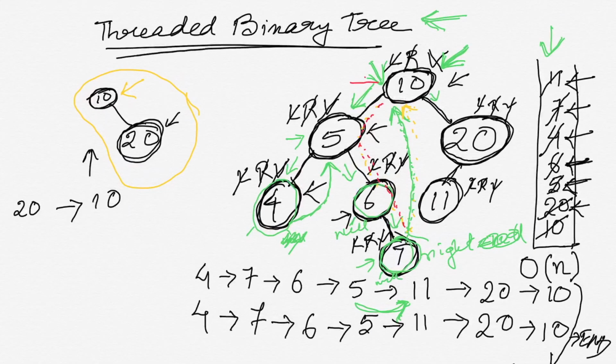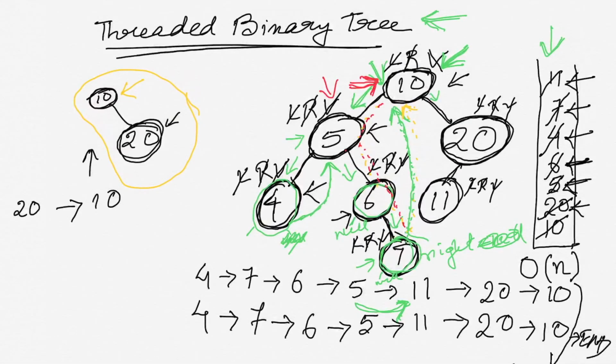So we are in the node with value 10, which is our current node. We go to its left, and we put the right child of the left child of the current node. So the current node is the node with value 10.